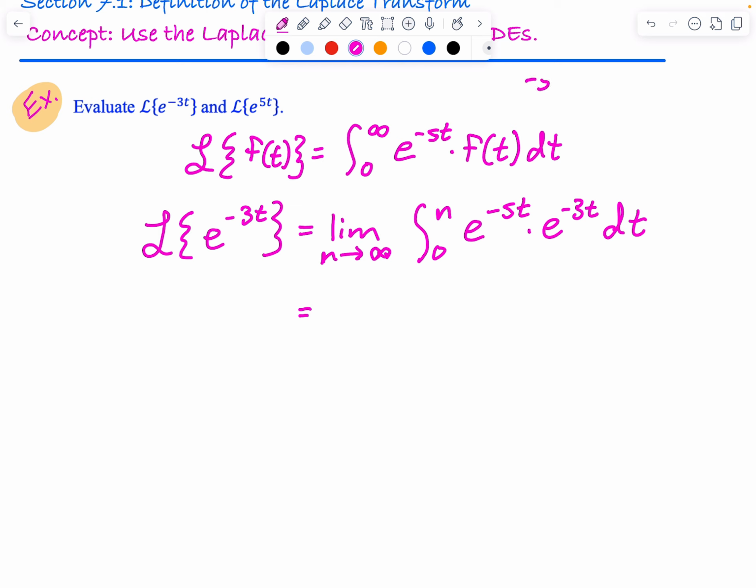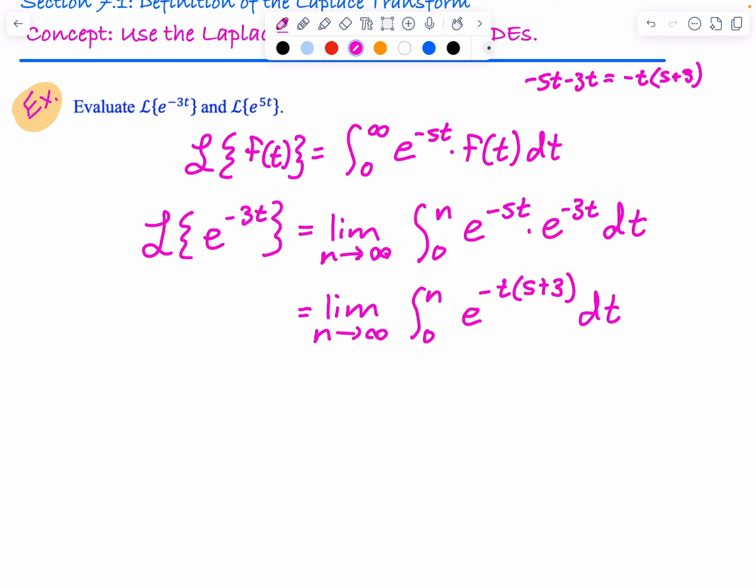So if I have negative st minus 3t, notice they both have t, and then I could also pull out a negative. So it's like s plus 3. So I'm going to rewrite this: the limit as n goes to infinity of the integral from 0 to n of e to the negative t times s plus 3 dt.